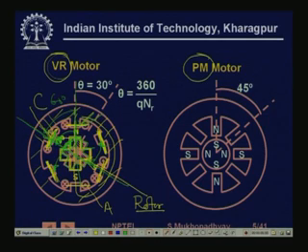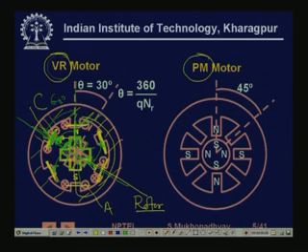Actually what will happen is that, you see, actually the opposite will happen. What I said is not exactly correct, in the sense that this is an electromagnet, right. So, when you are exciting this, it is in this position.